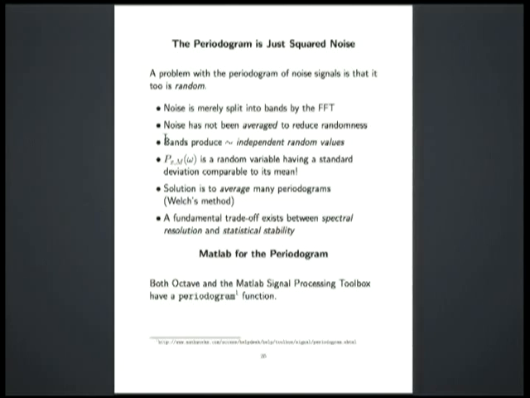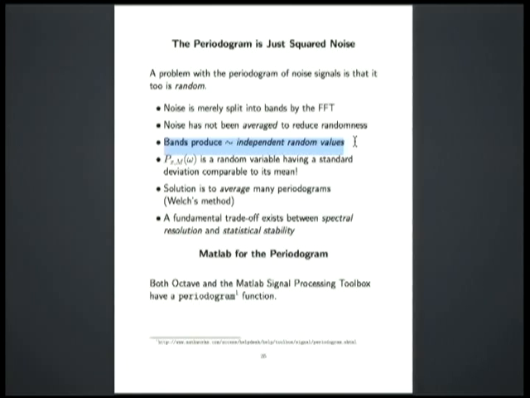Another thing that's interesting and useful is that the bands are largely independent, to the extent that the bands don't overlap in the frequency domain. If you look at like two far separated bins, then those are separate frequency bands, and so they're independent noise sources in their respective bands.